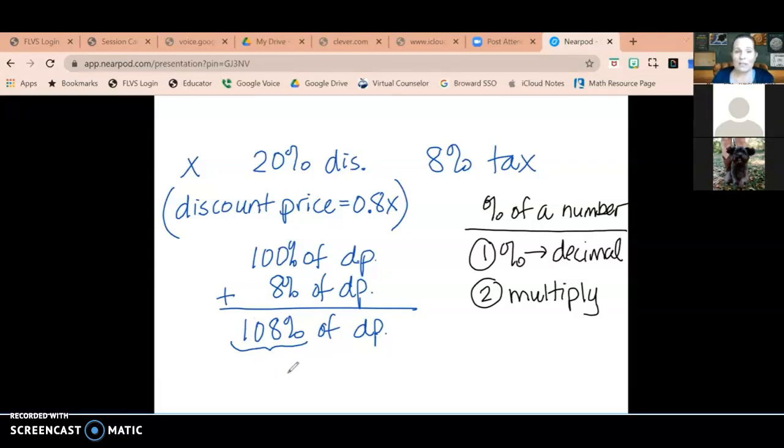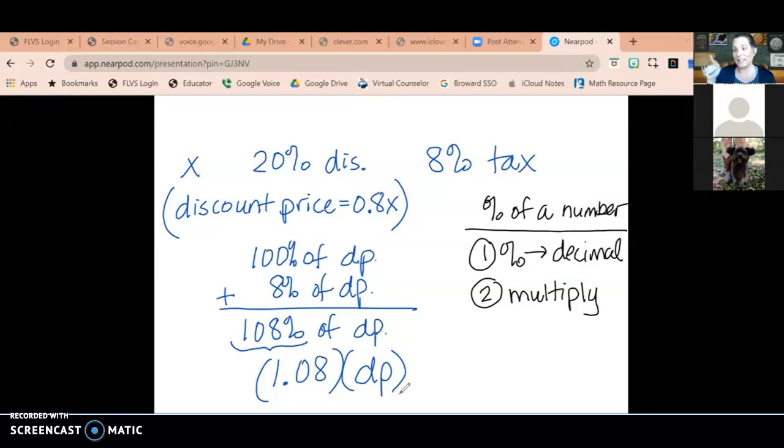So now I have to find 100% of the discount price, and that's going to be 1.08 times the discount price, right? Now I'm using parentheses as multiplication right now. I'm not using them as grouping symbols. When you see parentheses right next to each other like that, that's multiplication.